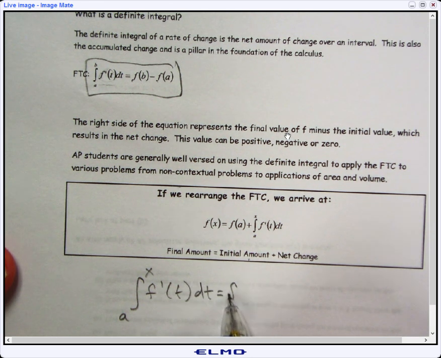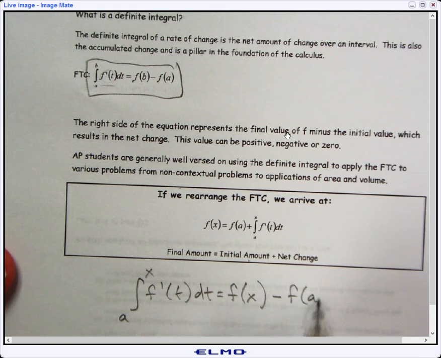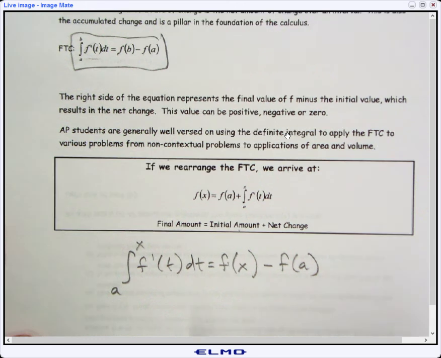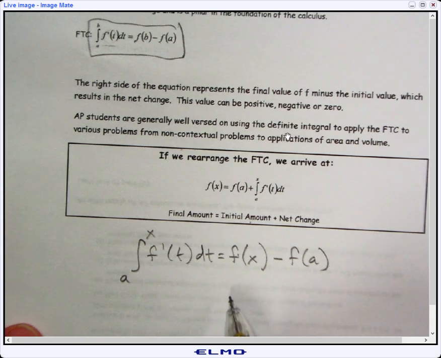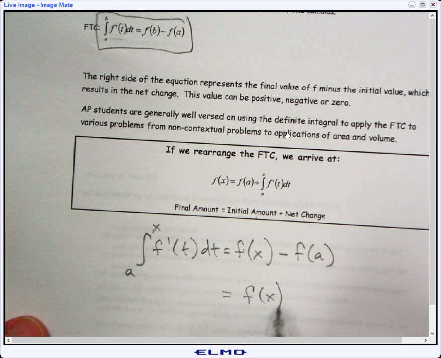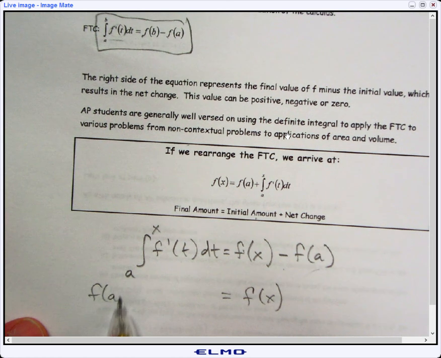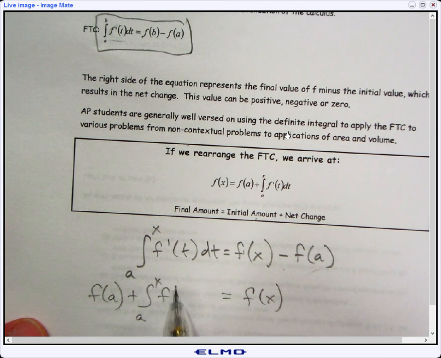That would be F of x minus F of a, right? F of b minus F of a. Well, if you rearrange this and solve for F of x, we get F of x equals, add F of a to both sides, F of a plus the integral from a to x of F prime dt.